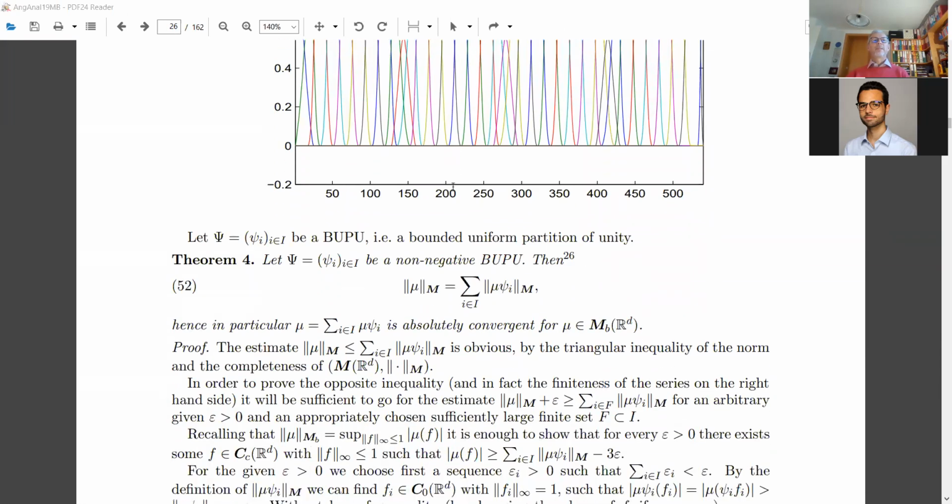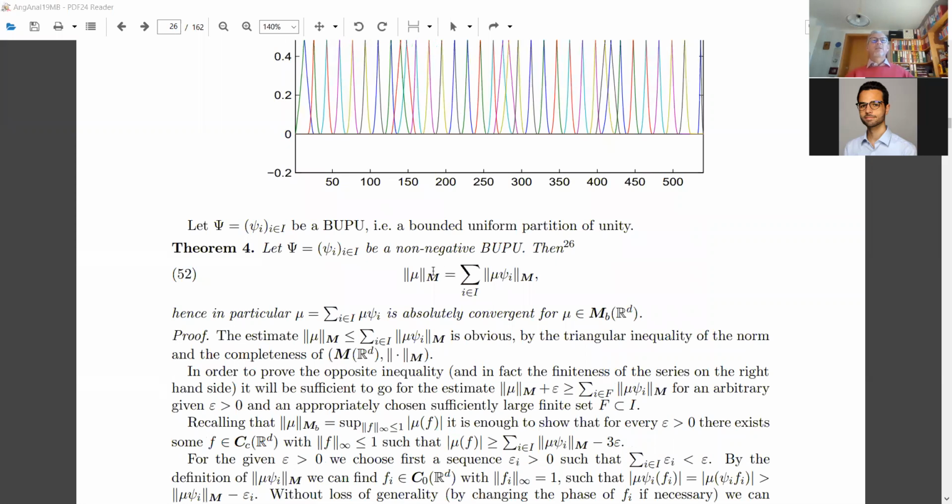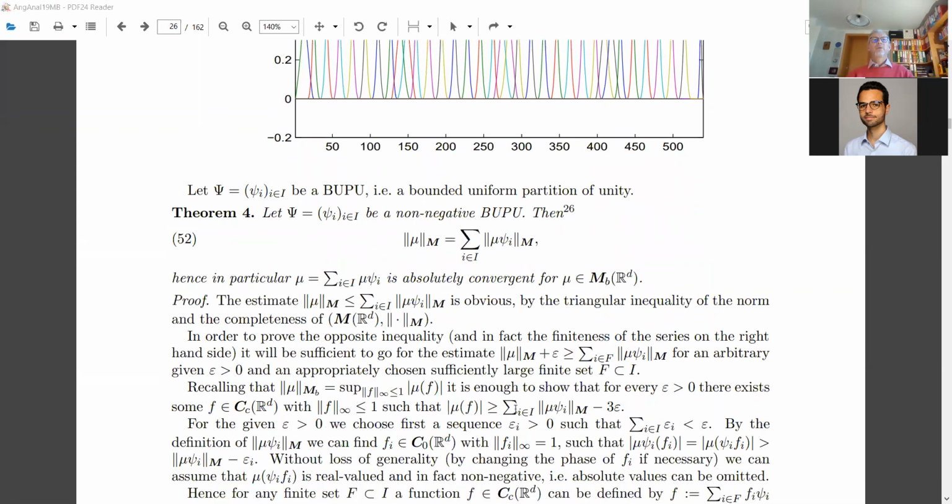Now, the claim that we have here is Theorem 4, which I want to discuss next.